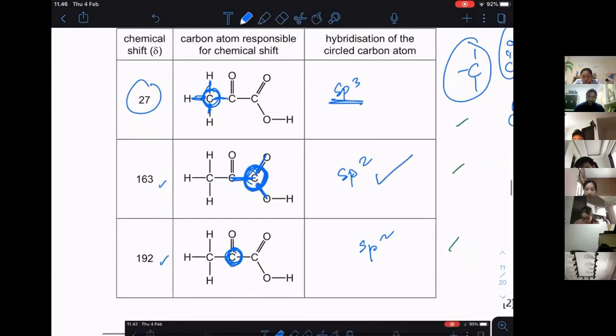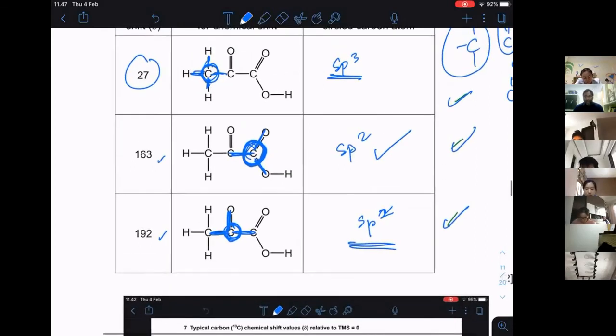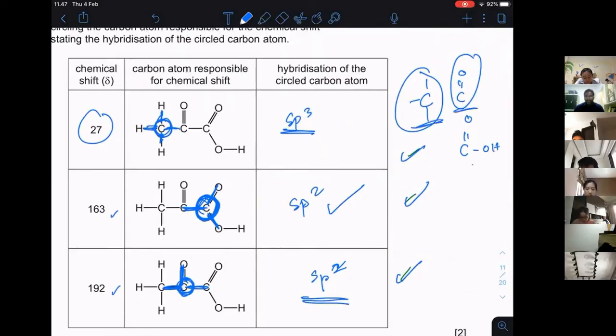And then over here, 1, 2, take only one from the double bond, so this is also sp2 hybridization. So you identify from there. This one is quite easy. You just need to list down what kind of carbon environment you have, only 3, and then it's easier to identify.